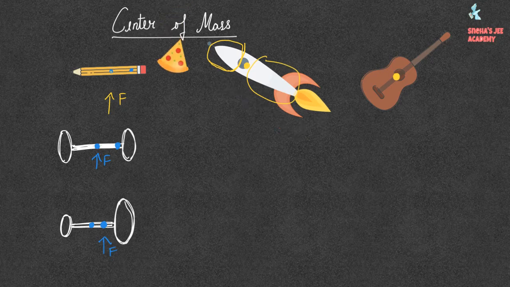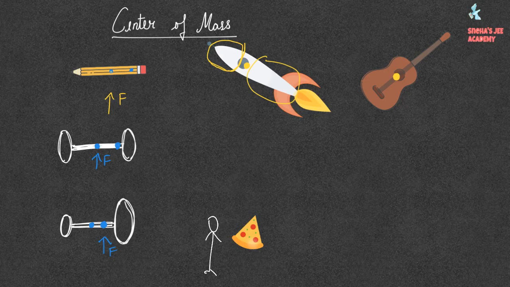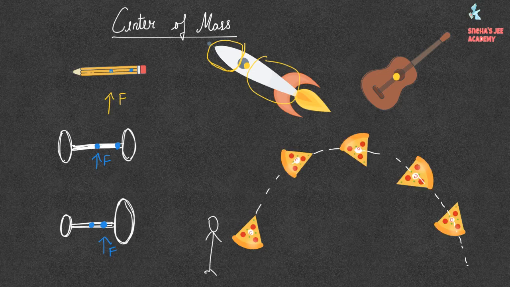So let's look at another illustration. Let's say we have a slice of pizza and there's this naughty boy who threw this pizza in the air. So this slice will travel a path like this, and we know that this is a projectile trajectory. The center of mass of the pizza is here. As you can see, the pizza will also rotate, 365 degrees while it follows this path.